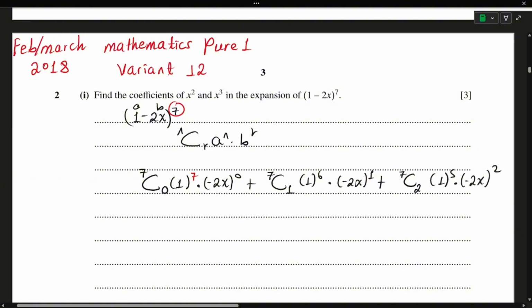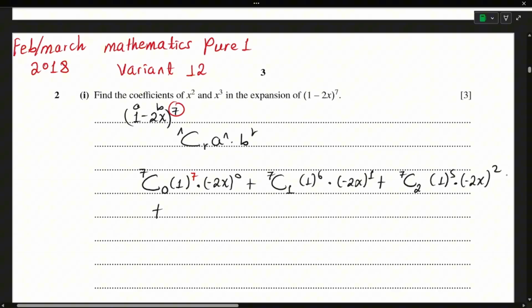You see, we go like that until we reach the point where we have 1 to the power of 0 and minus 2x to the power of 7. But the question is asking us to find the coefficient of x squared and x cubed in the expansion of this one. In order to find x squared and x cubed, we don't have to go to the last term, so we can just stop somewhere.